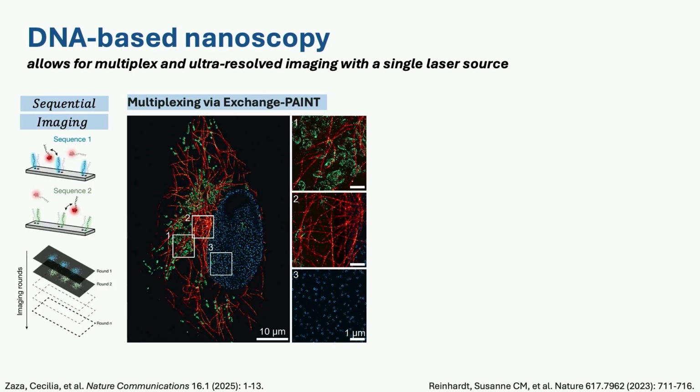We can label different structures with orthogonal DNA bases. For example, here I'm showing an image of nuclear pore complex, microtubules, and mitochondria. We do some exchange, and you can have this beautiful three-color image, and this has been done in a commercial confocal microscope, specifically a spinning disk microscope.